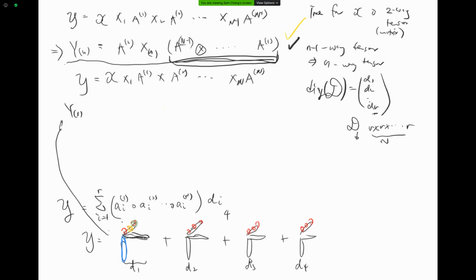Then I should matricize each of these tensors. This one tensor is the outer product of these 3 vectors, weighted by this red one, then the green one and the yellow one.